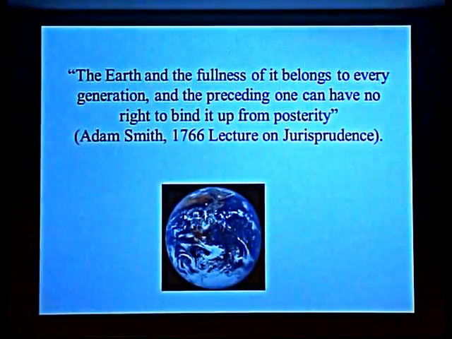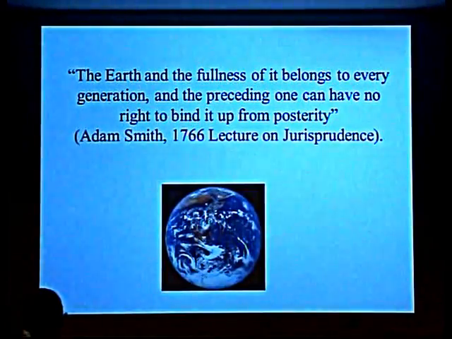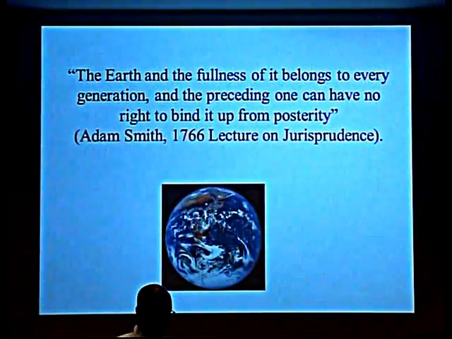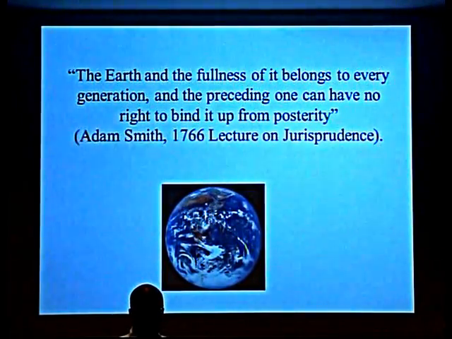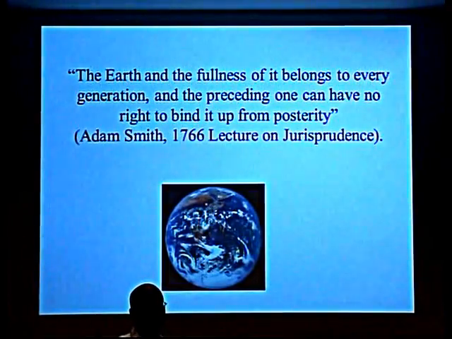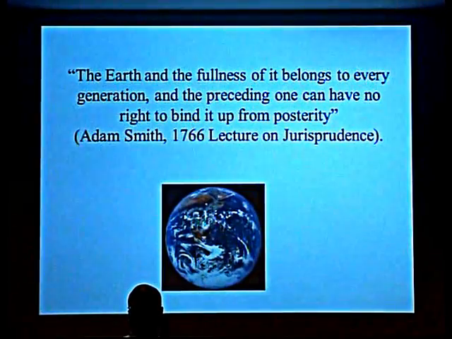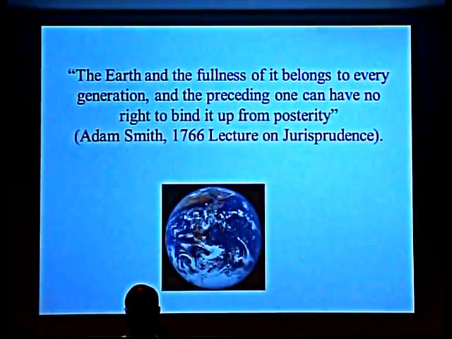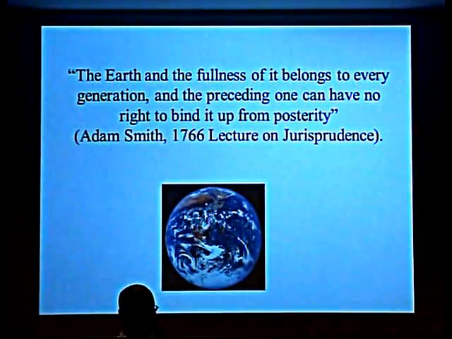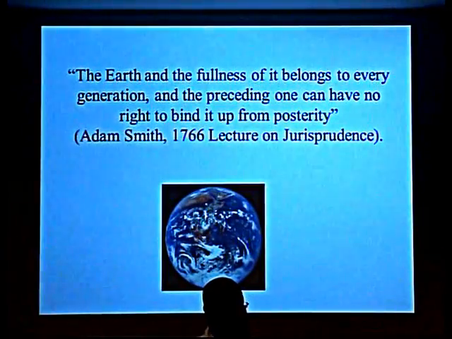He said the earth and the fullness of it belongs to every generation, and the preceding one can have no right to lock it up from posterity. You can put meaning into this. I interpreted this in terms of sustainability as saying that, look, the earth is not just for us who are here, it's also for future generations. And I think that is linked to the sustainable development definition. Do you agree or do you not agree? Any views on this?